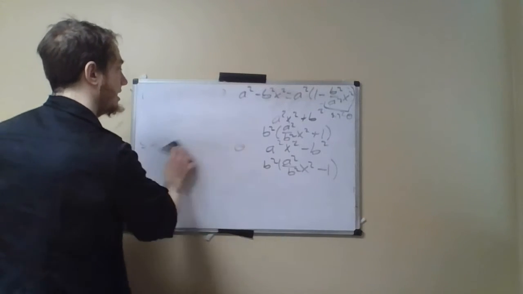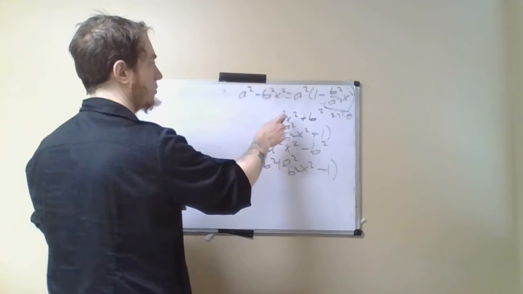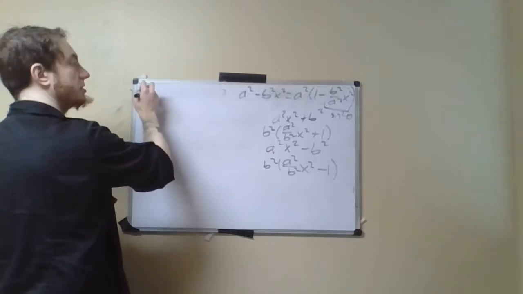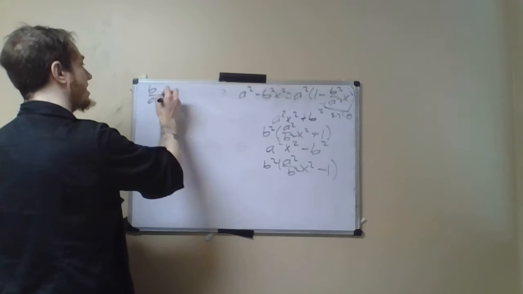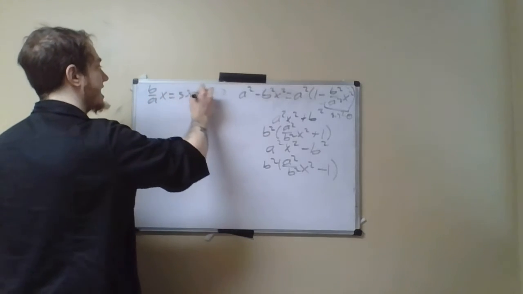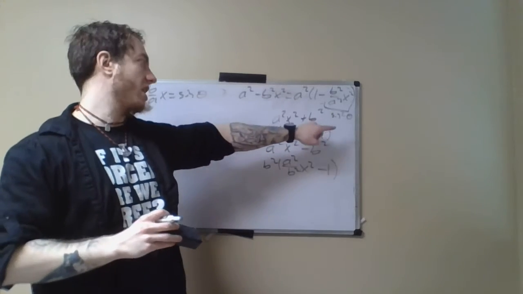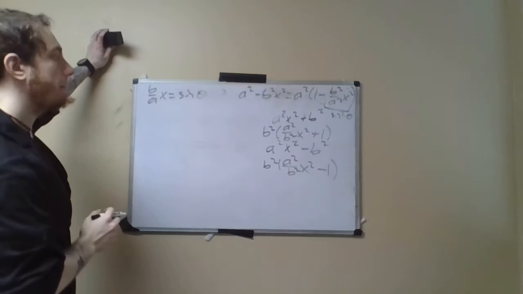is, if you have something that looks like a squared minus b squared x squared, factor out the a squared and then do a substitution of b over a times x equals sine theta. That will give you b squared over a squared x squared is equal to sine squared theta and allow you to simplify this.